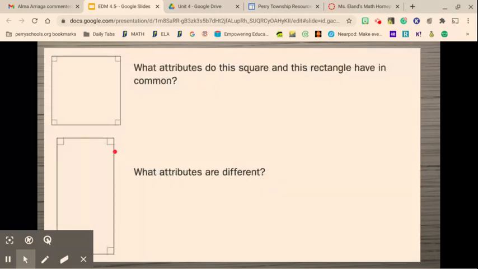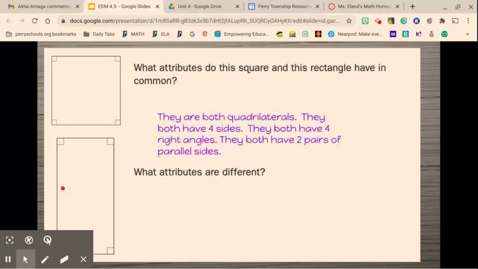All right, let's look at these shapes. What is this shape? What is this shape? You should have said that it is a square and a rectangle. What do a square and rectangle have in common? You should have picked that they are both quadrilaterals. They both have four sides. They both have four right angles.